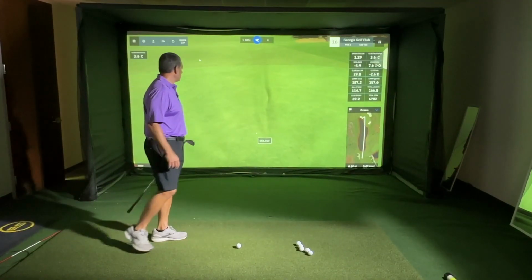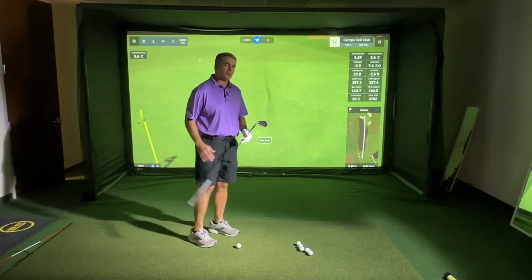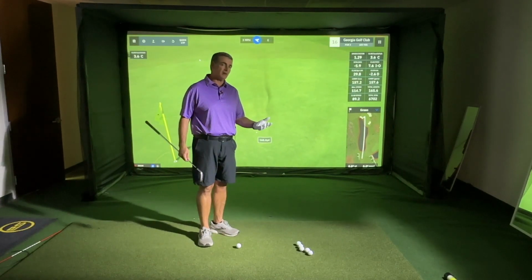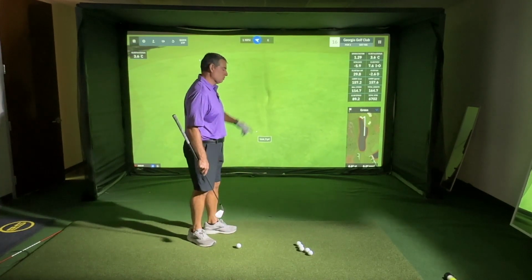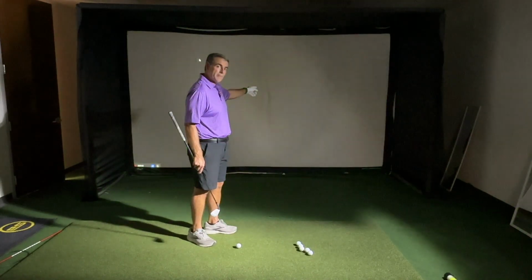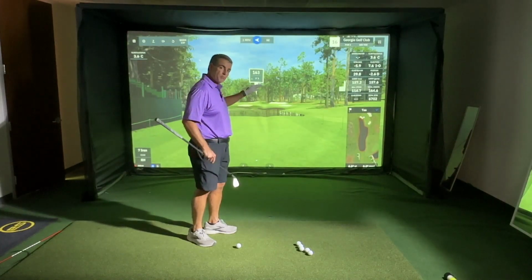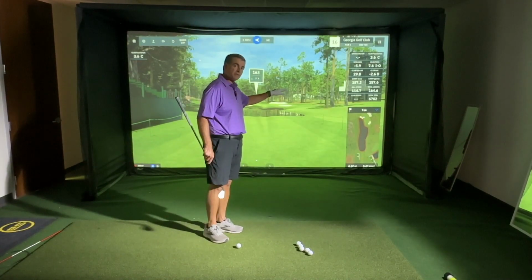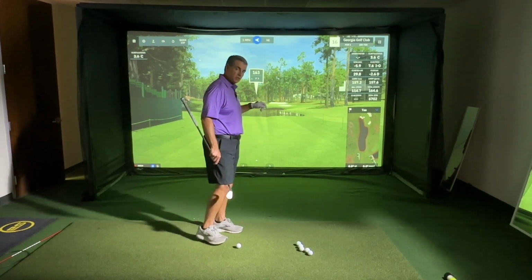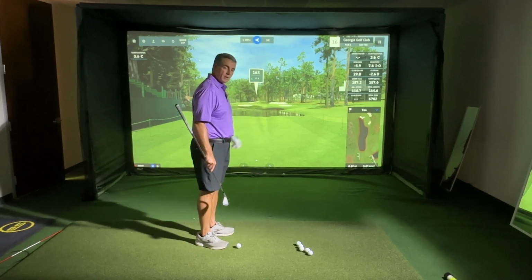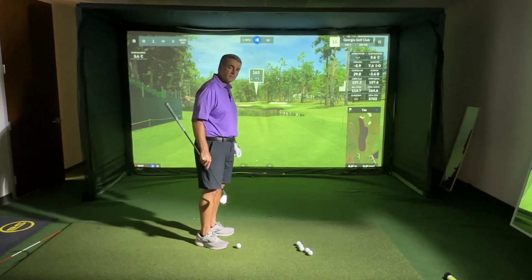All right, so what we can know by that is, when we're talking about our club face and our club path, if your ball starts to the right, that means your ball is going to launch off pretty much in the direction your club face is pointed. So that would mean my club face was right of the target when I hit the ball, which I'm sure it was.